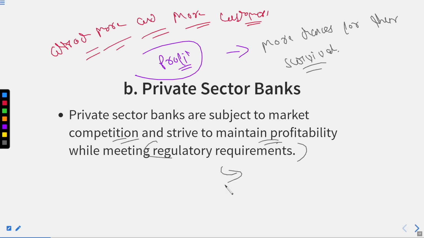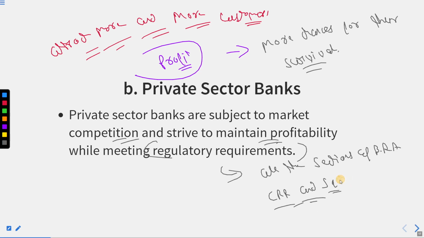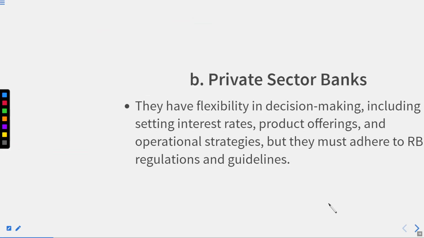Okay, so they are subject to face the competition, they have to maintain the profitability for their survival, but they are also required to follow the regulatory requirements, meaning to follow all the sections of the BR Act, to maintain the CRR and the SLR at the full standard. All right, got it.